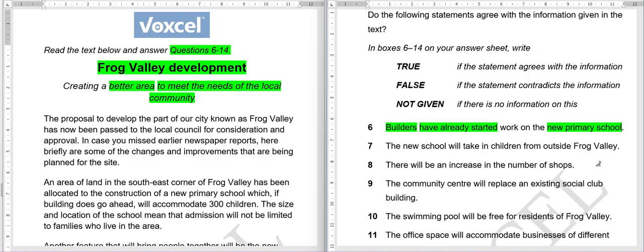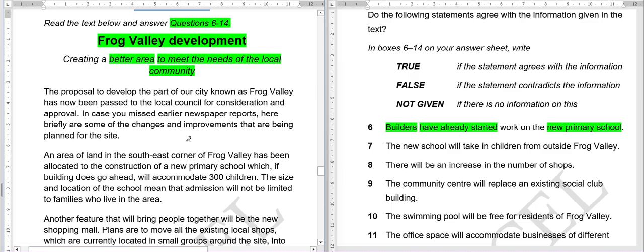Either when the new primary school has already been built, so there is no work left to complete, or maybe they haven't started it yet and will start in the near future. In either case, past or future, the answer will be false. When will the answer be not given? When we don't know whether any work is going on for the new primary school, or whether there is any information on the new primary school or not, then the answer will be not given.